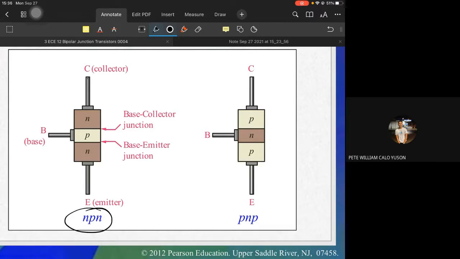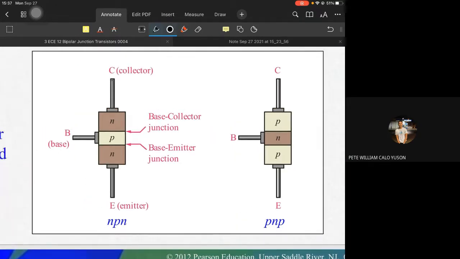So, for the most part, unless otherwise stated, it is assumed that we are using NPN transistors. And actually, klaro naman sa ilahang symbol kung NPN ba siya or PNP. Naa silay difference. Pero, reminder na mas common na gamiton ang NPN kaysa PNP.